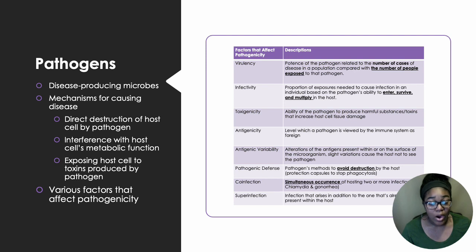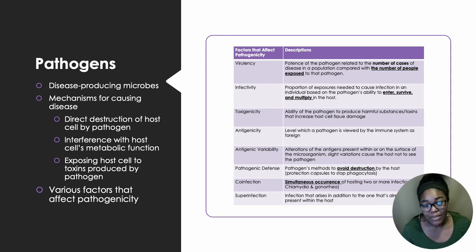And again, we are talking about what happens when the third line of defense fails, and that is the development of infection. So when we have antigenicity, the immune system has failed and does not recognize that this pathogen is foreign, which ultimately results in no immune response developing, which means that this pathogen can proliferate in the host.